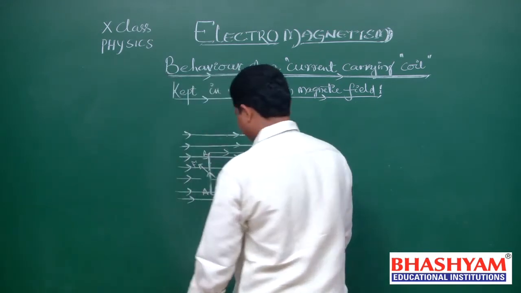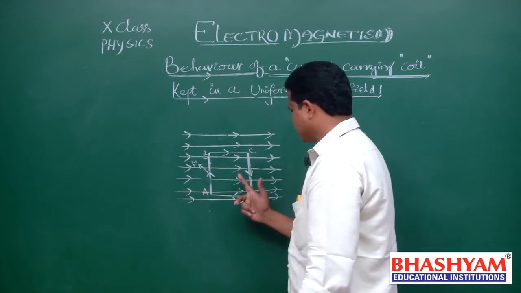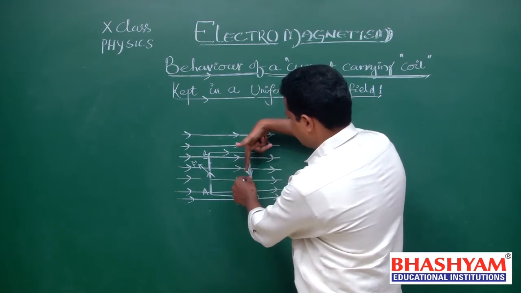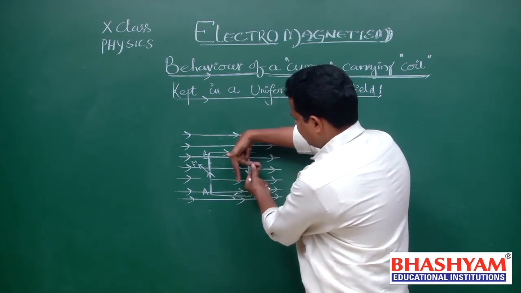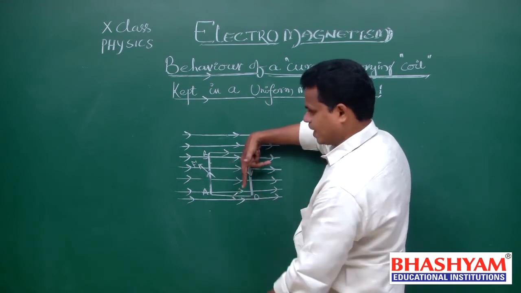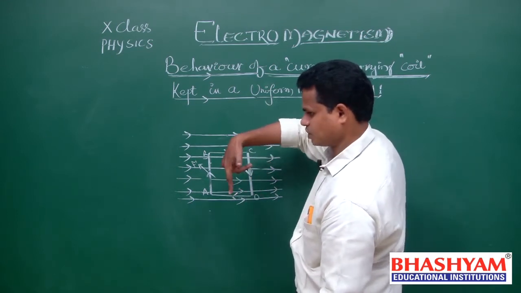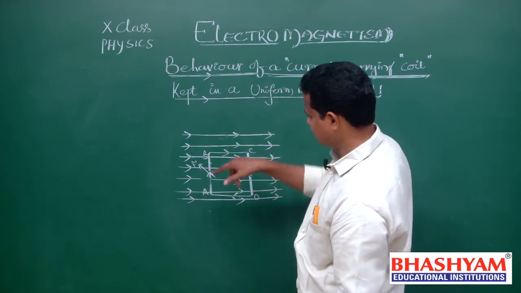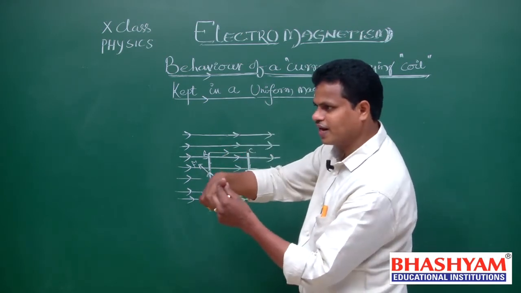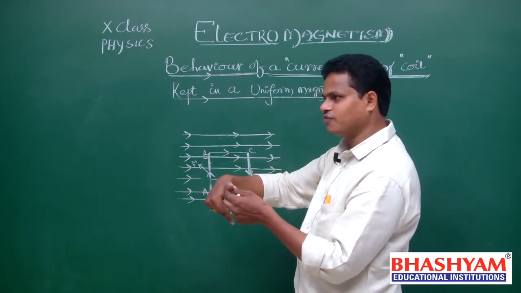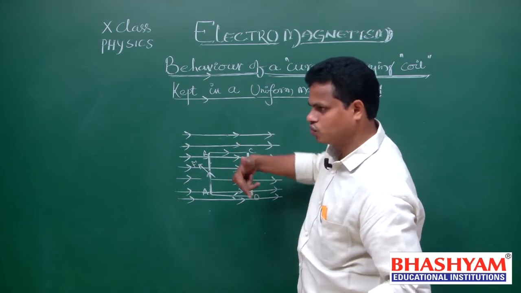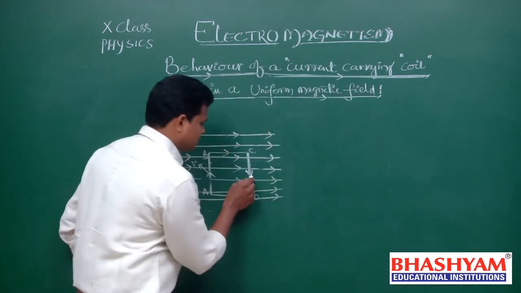This is the current direction, this is the direction of field. Now the thumb gives the direction of force, outward from the field. This is inward, and this is outward. So on arm CD, the force is outward to the field.